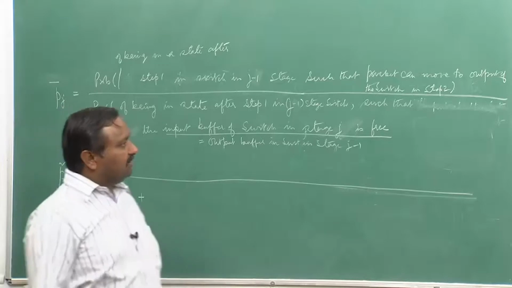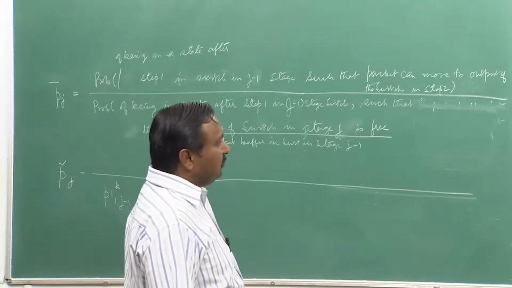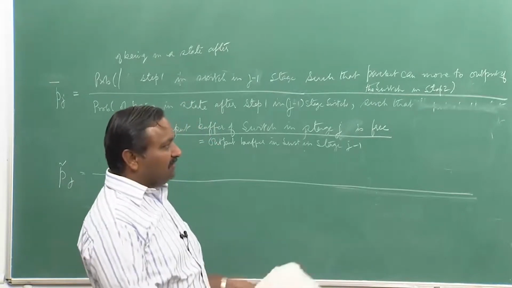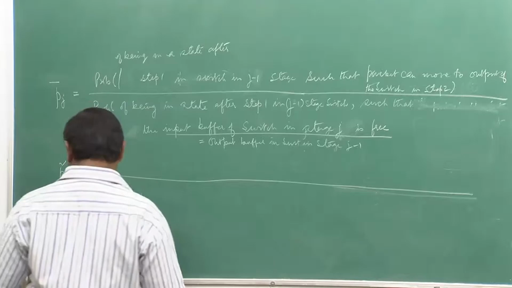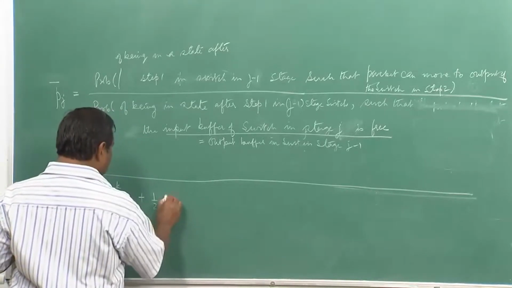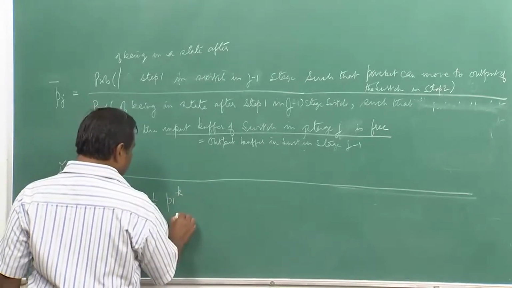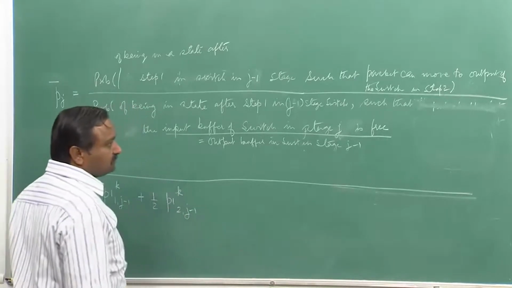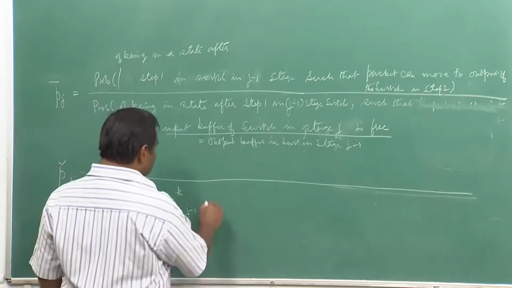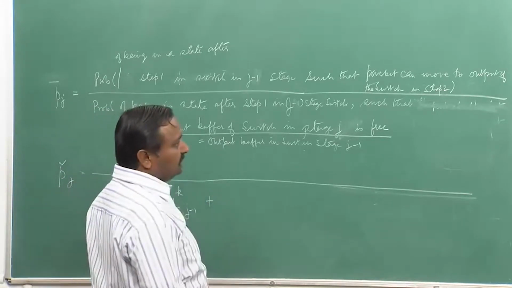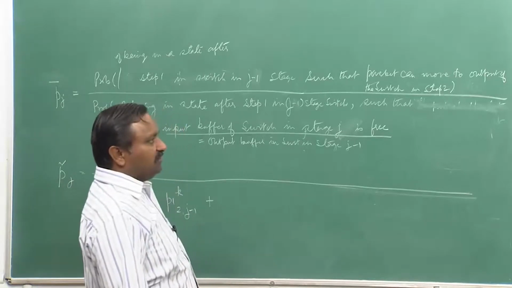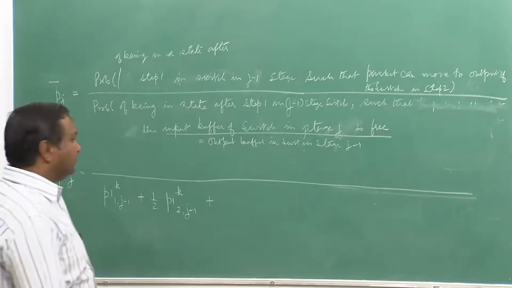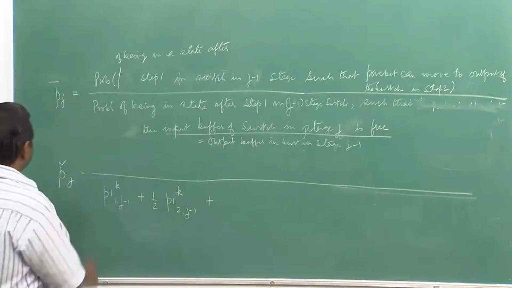Look at state 2: with half probability I may have a packet, and with the other half I will not be having the packet. So I will put half here, half P2 of k, which is state 2 in the j minus first stage switch. Then similarly for the third one, there is no output buffer which will be empty for the input buffer of my switch in the jth stage, because I am talking about that, and sorry, this is Pj bar.